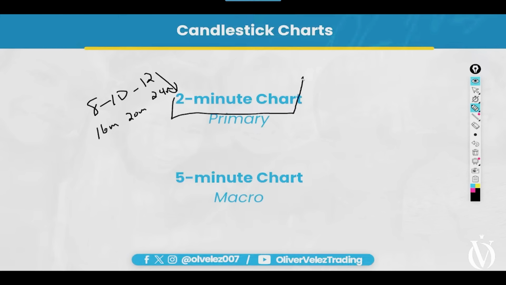But trading off of a 2-minute chart, this is your time frame. So we teach them, how long do you want your money exposed to the possibility of danger? All right? And so if you want to be a 20-minute trader, you're going to pick the 2-minute chart.